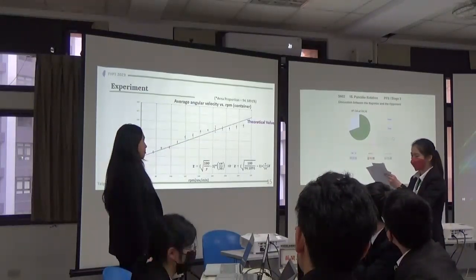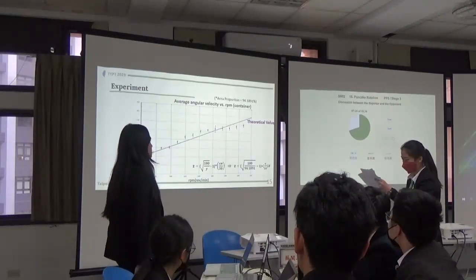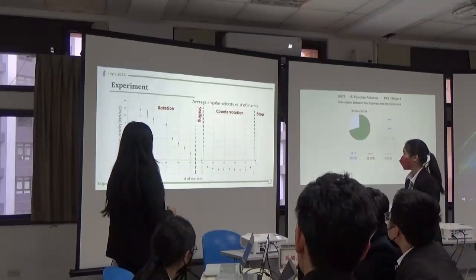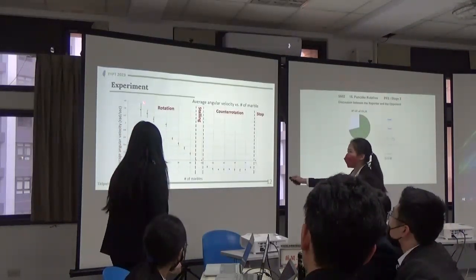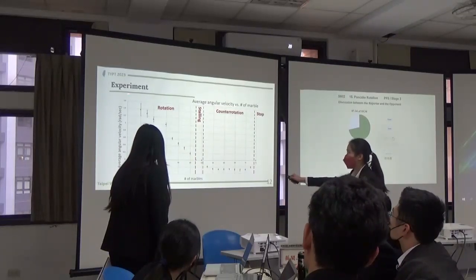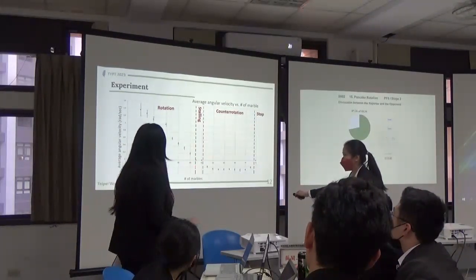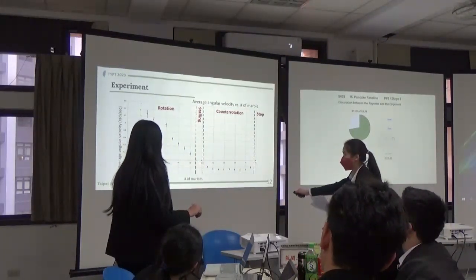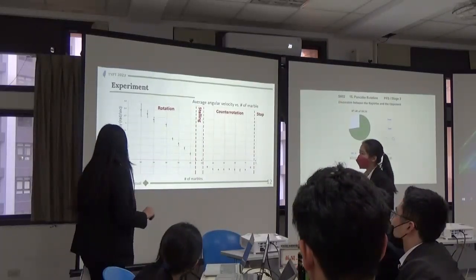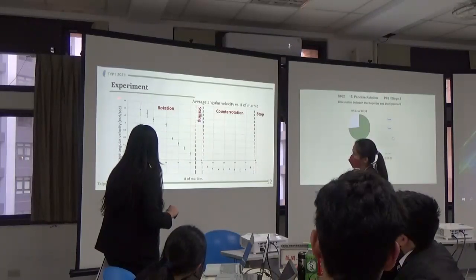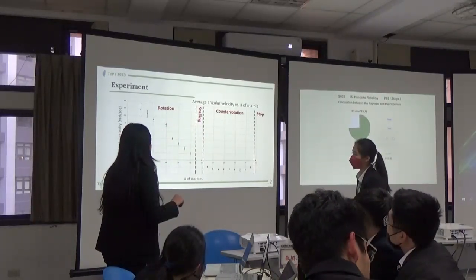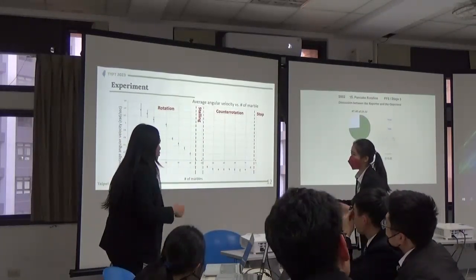Could you please turn to page 12 again? Could you explain why here it becomes smaller? It keeps reducing, right? Could you agree that when the average angular velocity is positive, it's a rotational movement, the movement of the ball is the same as the movement of the container?